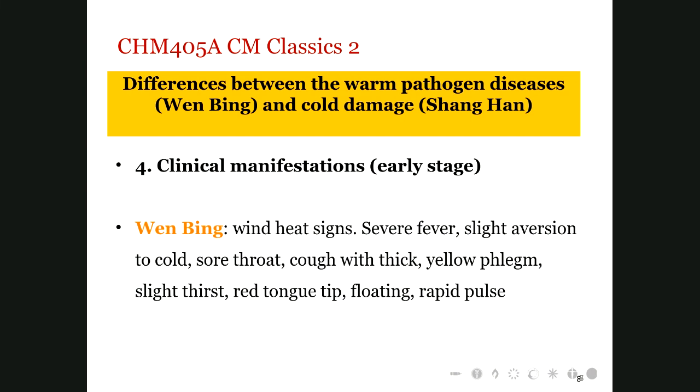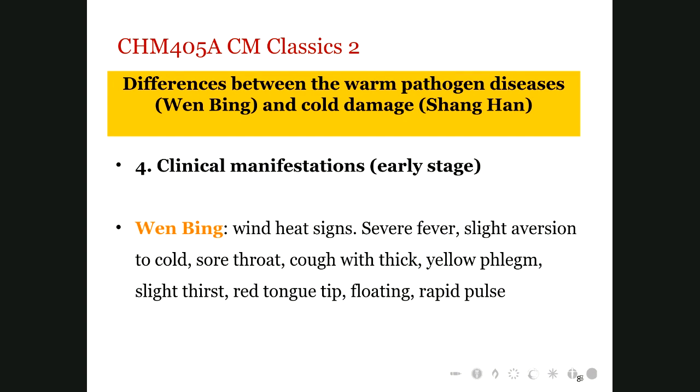And they may have slight intolerance to cold at the beginning, but of very short duration and very mild. Very quickly they have elevated temperature and sore throat, and cough with thick yellow sputum, and the thirsty complaint can come out straight away. Rapid pulse and red tongue body, red tongue tip will come out obviously.